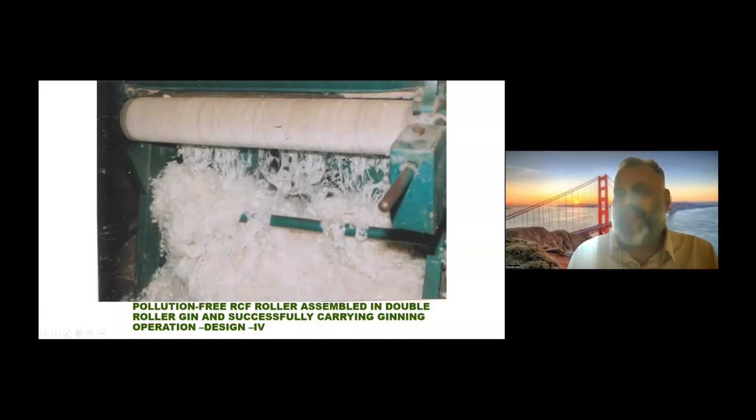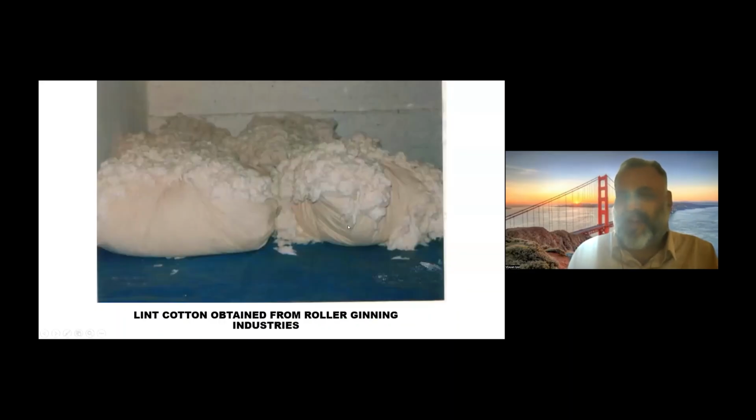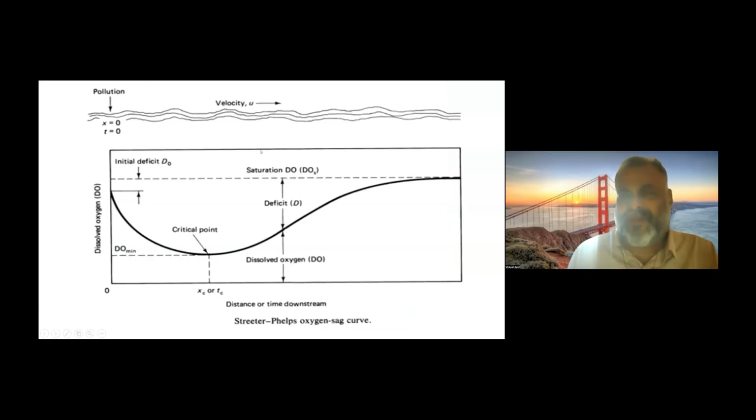But in USA and UK, they never use this chrome composite. They use walrus, as well as innovative materials called rubberized cotton fabric rollers. And lint cotton is separated. You can just see this lint cotton. This is called lint cotton after separating the seed from the seed cotton in these machines.